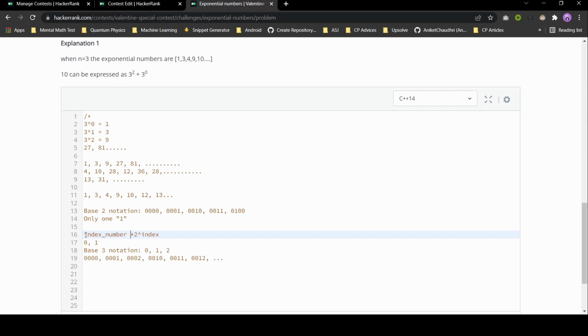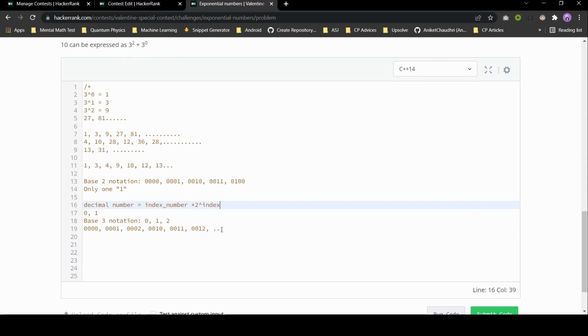So this is the way of changing a base 2 notation into a decimal number. For this number you will do 1 into 2 power 0, so it will be 1. Then this number will be 0 into 2 power 0 plus 1 into 2 power 1 plus 0 into 2 power 2, like this. You must be knowing how to convert a binary number into a decimal number.